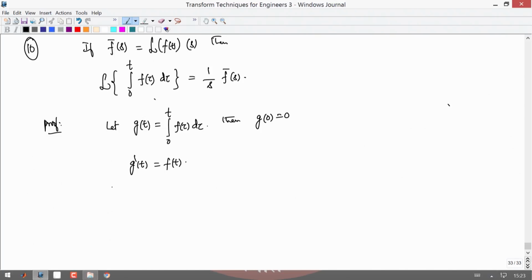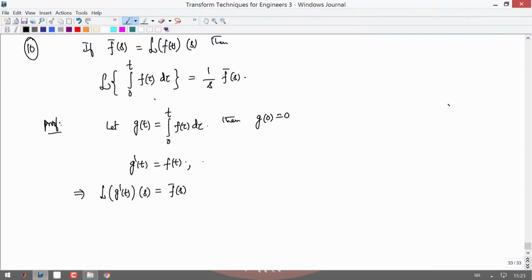So, you start with the Laplace transform of f. The Laplace transform of g dash of t as a function of s is equal to the Laplace transform of f of t, that is f bar of s. If you apply the Laplace transform on both sides, this is what you get.